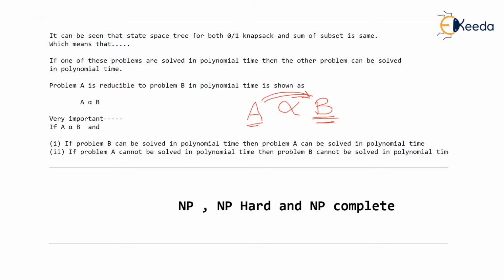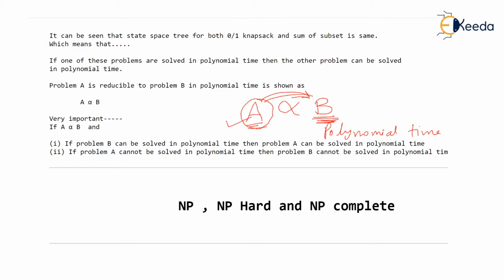You know what reduction means: problem A can be converted to problem B. If problem A can be converted to problem B, and a polynomial time algorithm exists for problem B, then surely a polynomial time algorithm exists for A. That means you are not applying all your resources or energy to write a proper algorithm for A. And you cannot now declare that it is not possible to write the polynomial time algorithm.